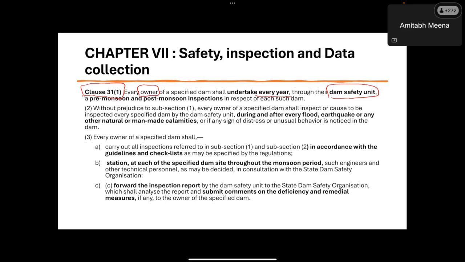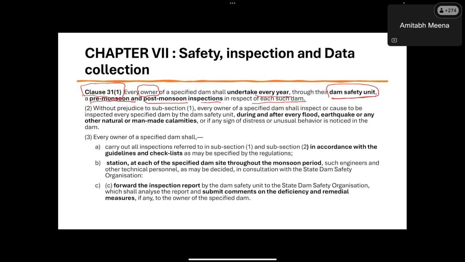These DSUs are created by the dam owners. Such dam here means a specified dam.